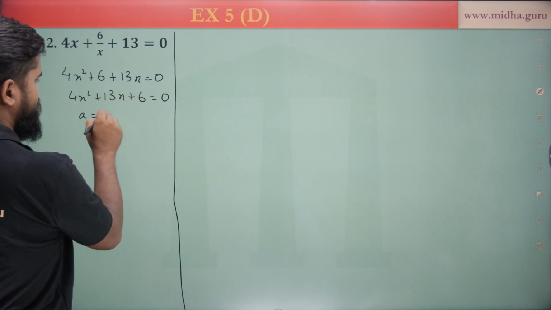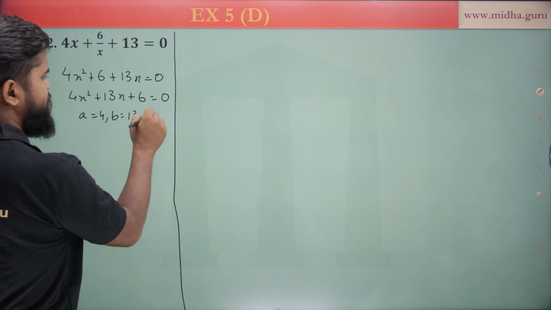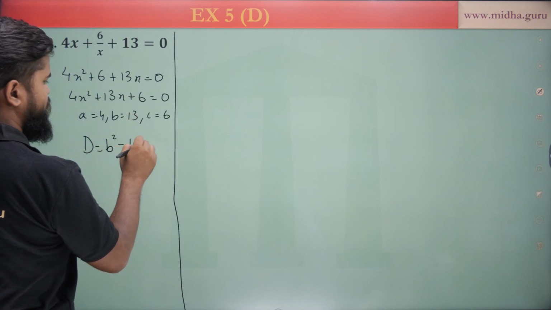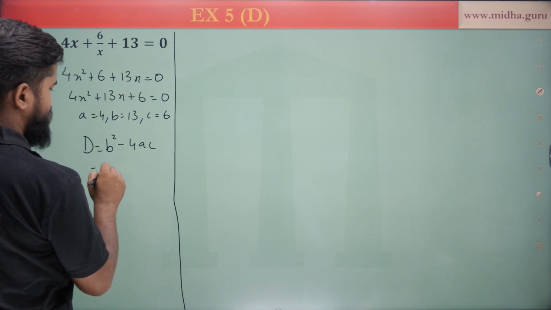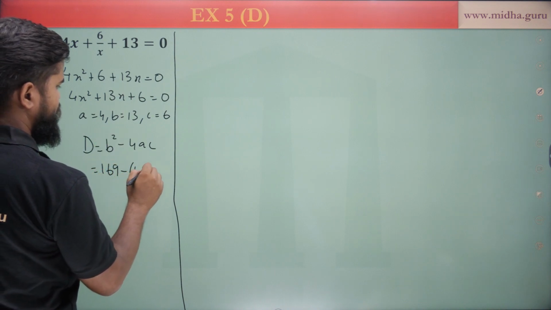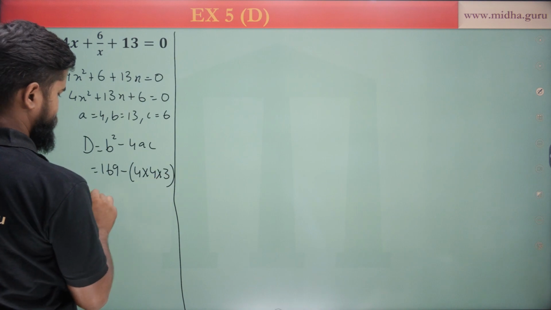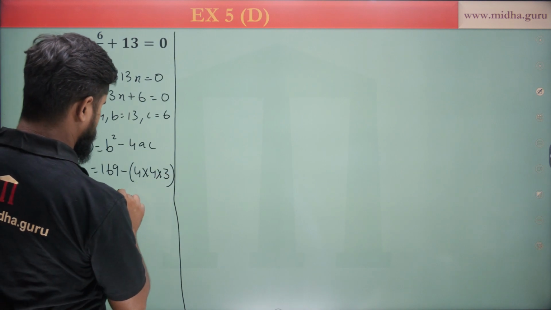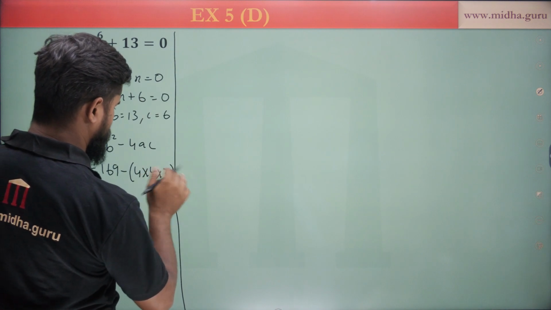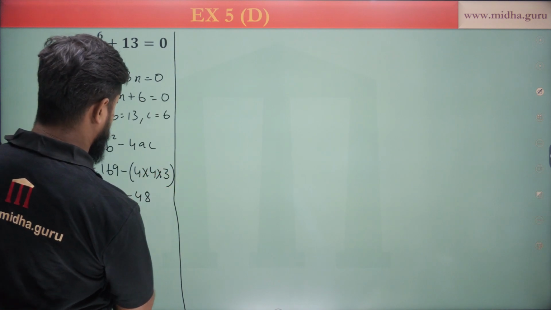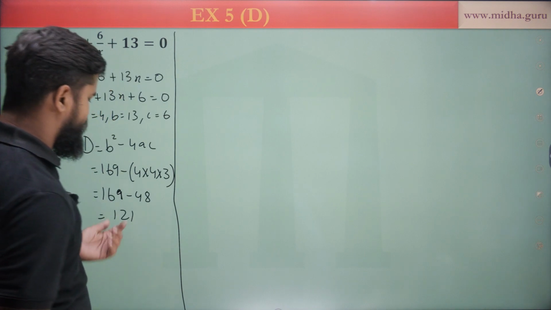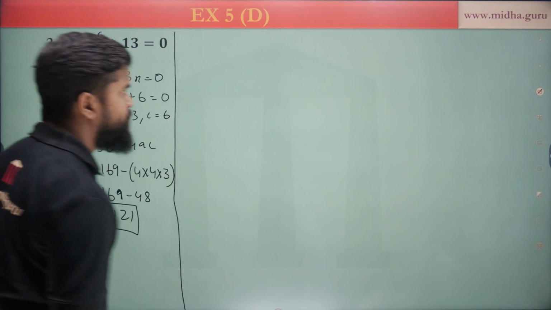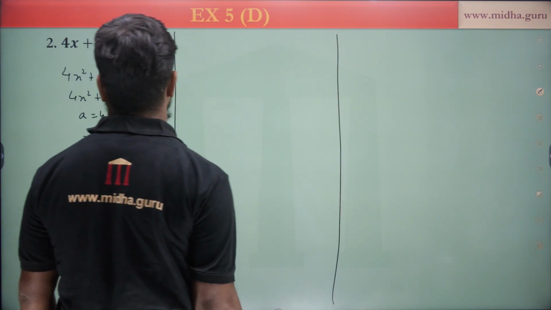So a is equal to 4, b is equal to 13, and c is equal to 6. So the discriminant is b square minus 4ac. B square being 169 minus 4 into 4 into 6. So 169 minus 4 into 4 is 16, times 6 is 96, which will get us 73.